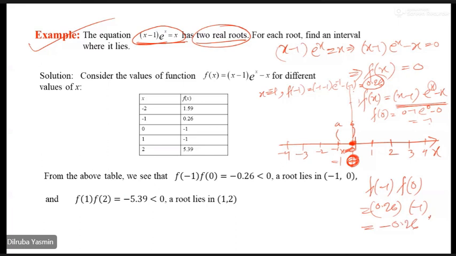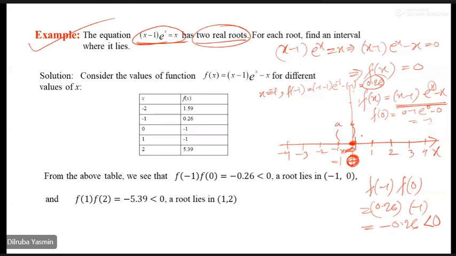That should be less than 0, isn't it? That means in this interval, one real root exists. Is it clear to you? Yes, ma'am. Okay.